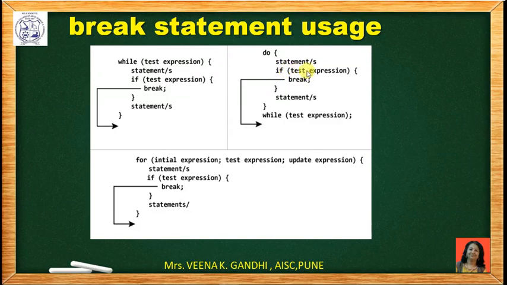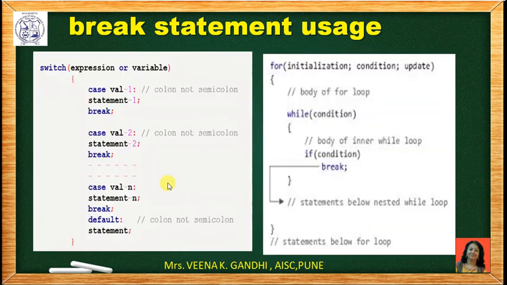Here also in the do while loop, if the test condition is satisfied and break occurs, at that time control will transfer from the do while loop to the next statement after the do while loop. Same thing in a for loop also. Next, the break statement is used in a switch expression or switch case statement.